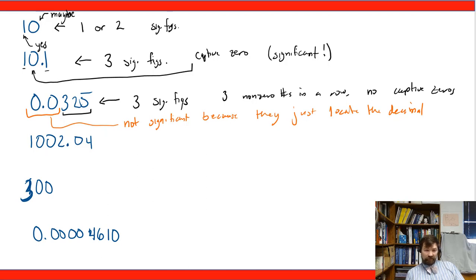We wouldn't need to include these two zeros. This number, we would need to include the 0. This number in scientific notation would be 1.01 times 10 to the 1. This number right here would be 3.25 times 10 to the minus 2. We needed to write this 0. We didn't need to write these zeros.